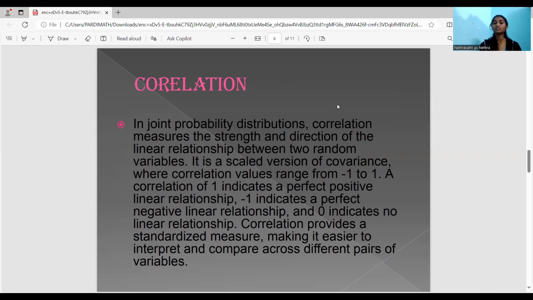A correlation of 1 indicates a perfect positive linear relationship, -1 indicates a perfect negative linear relationship, and 0 indicates no linear relationship. Correlation provides a standardized measure, making it easier to interpret and compare across different pairs of variables.